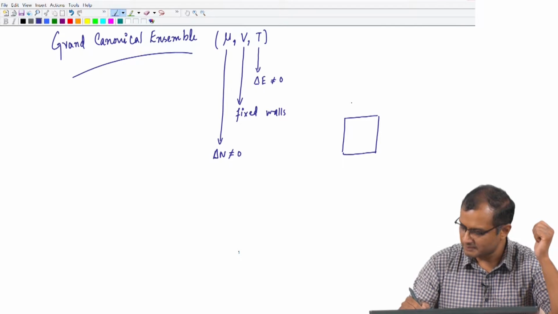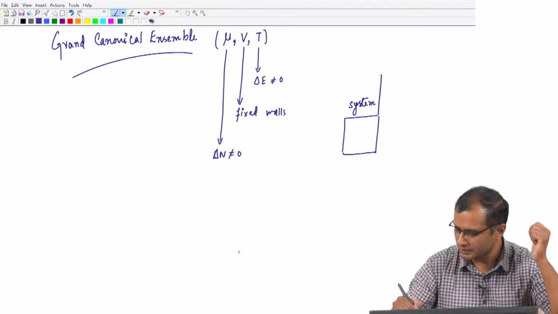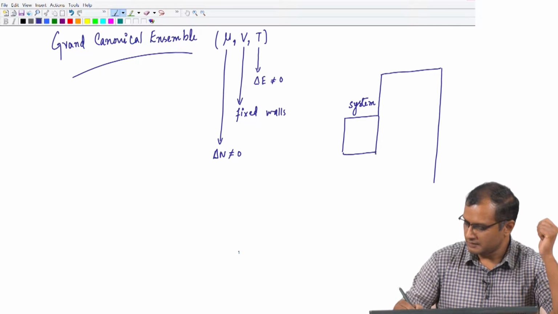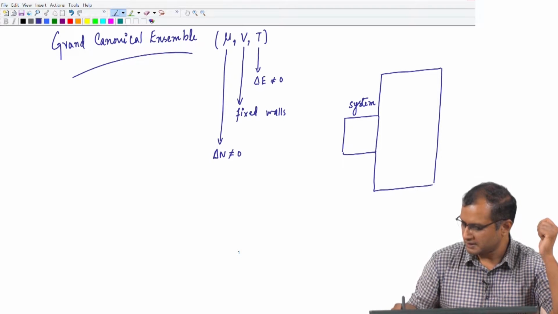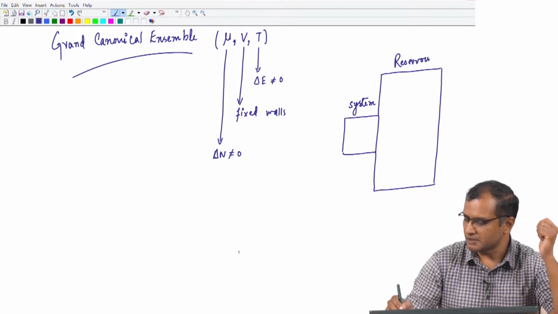So, we had drawn a schematic in the last lecture which applies in the present case as well. So, this is our system, and this is in contact with a reservoir whose purpose is to keep our system at a constant temperature and chemical potential.